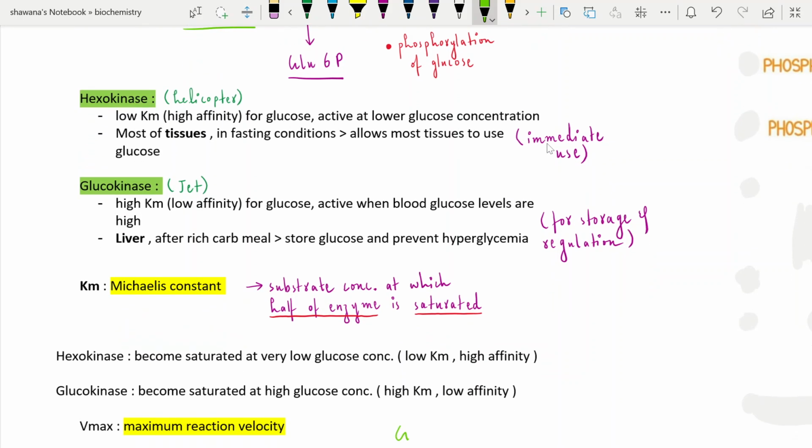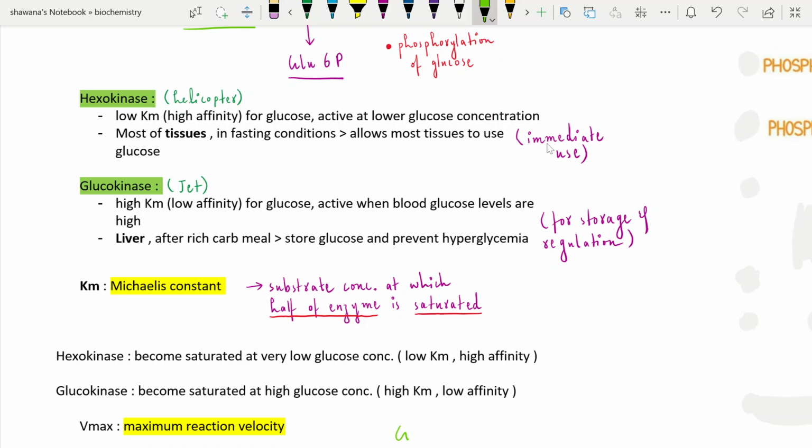What is Km? Km is known as the Michaelis constant, and it is very important for understanding the functioning of these enzymes. Michaelis constant is defined as the substrate concentration at which half of the enzyme is saturated. When we are talking about glucokinase, does it require low or high substrate concentration?